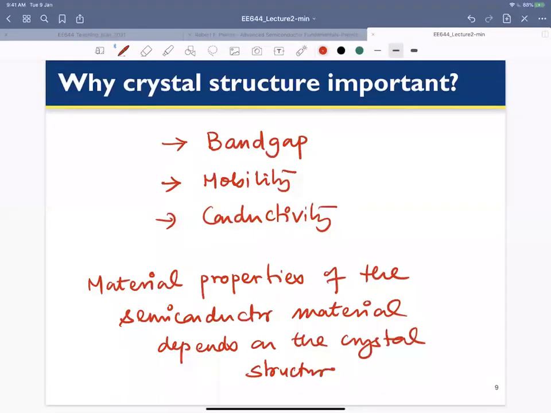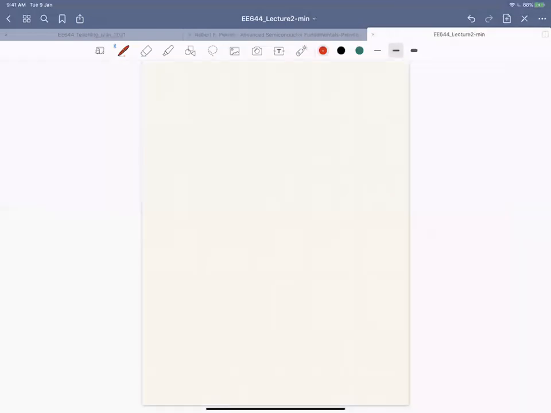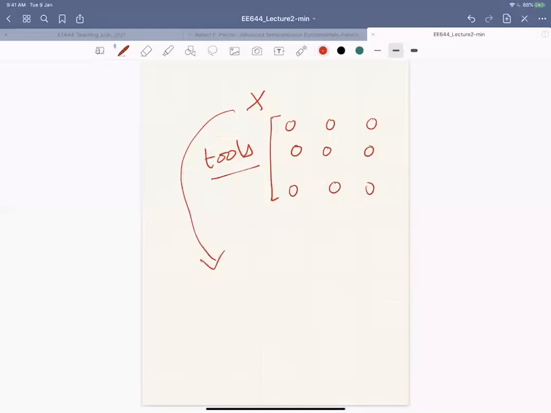And once you know the crystal structure, you have tools. Let's say you want to know the band gap of silicon. Say you have material X, and you know the arrangement of atoms in that material. There are tools where you could place those atoms and simulate, and you could find the band gap or other material properties of this semiconductor.